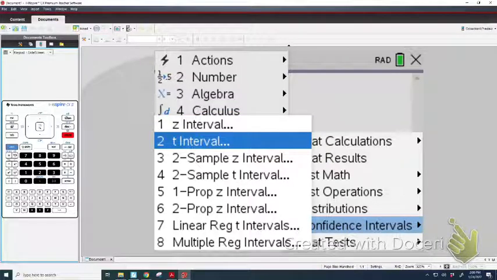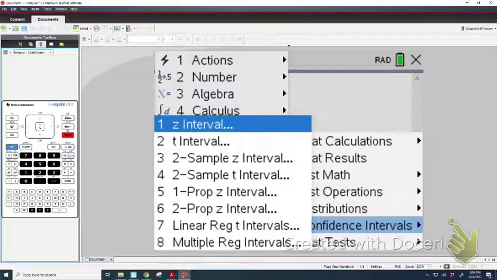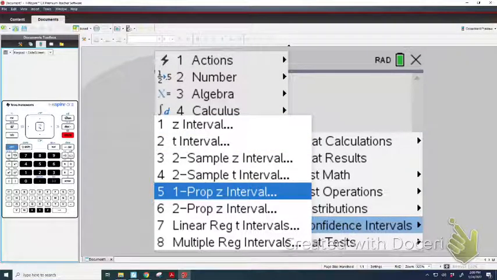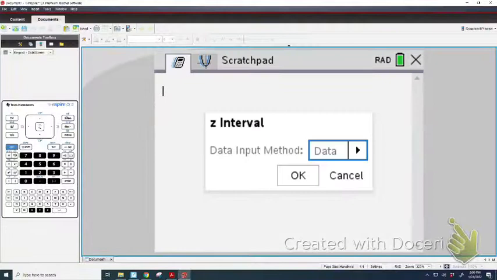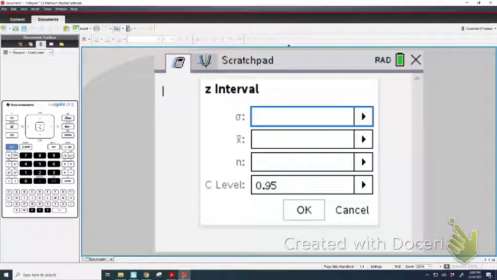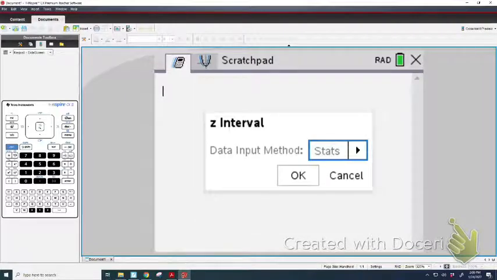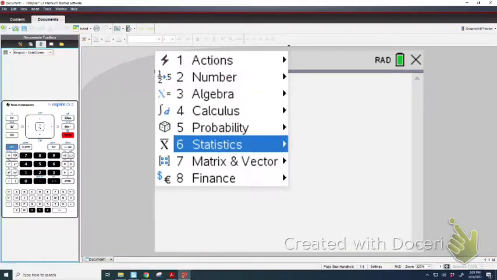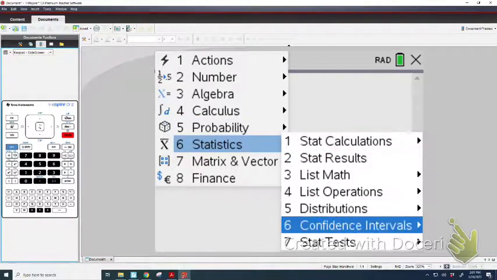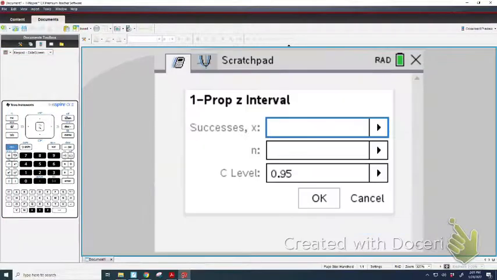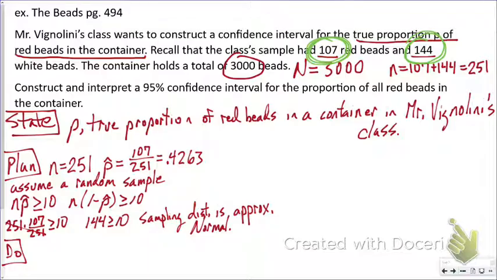Hopefully you know it's not t, because I already told you we always use z with proportions. You're down to z or one prop z, and hopefully you pick one prop z, because we have a proportion. If you click the z one, you'll see right away it's the wrong one, because I don't have sigma or x bar. That's the wrong choice. So feel free to hunt around, and with some trial and error you find it, and we want one prop z interval.